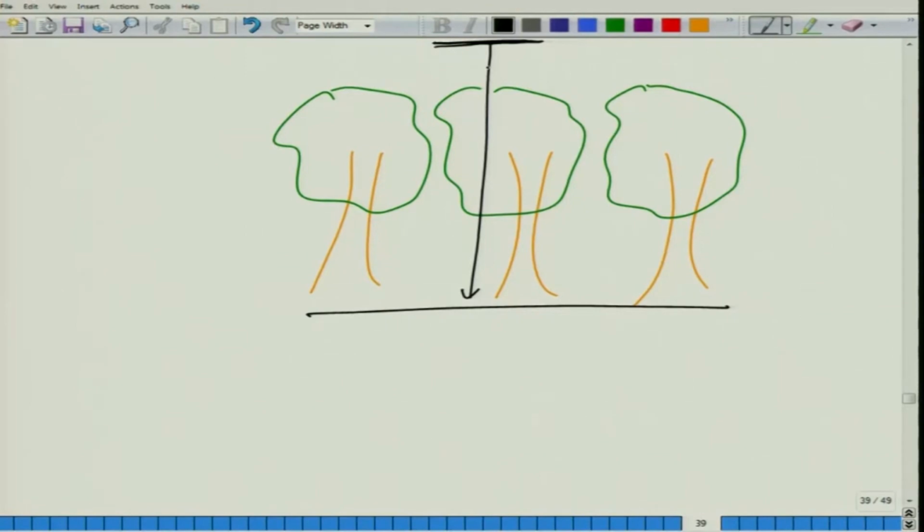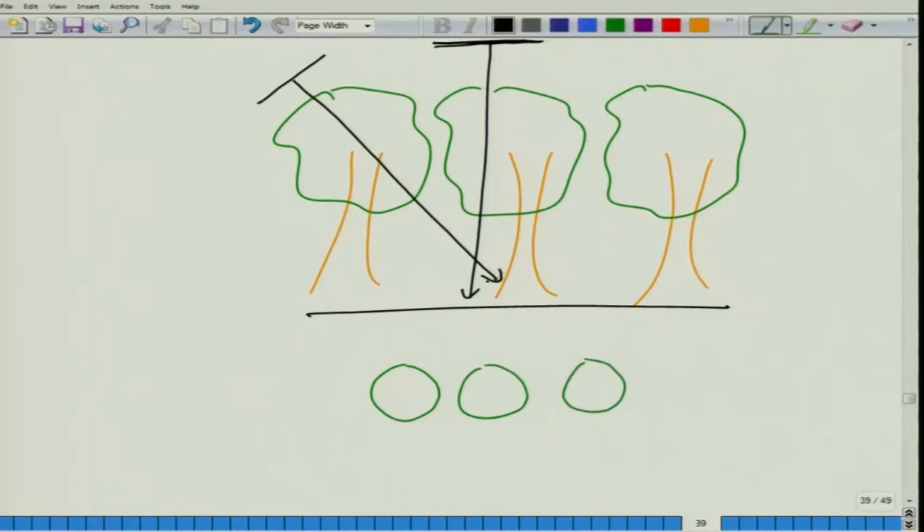In that case, from the top you will be able to see these three canopies. If you took a photograph like this, then in this case this portion of your canopy is visible, but the portions of this tree that should have been visible, like these portions, would be masked by the canopy of this tree.